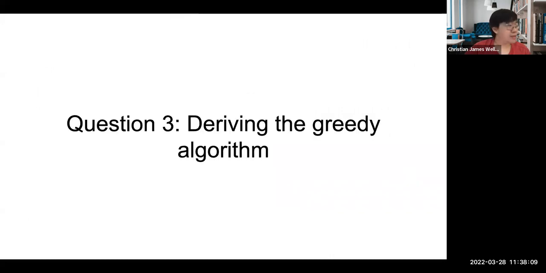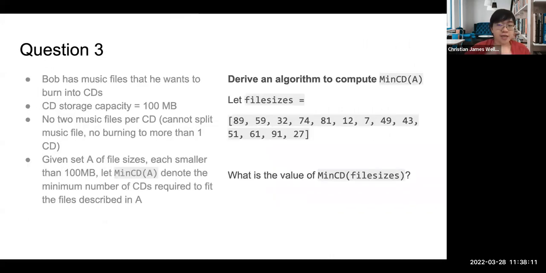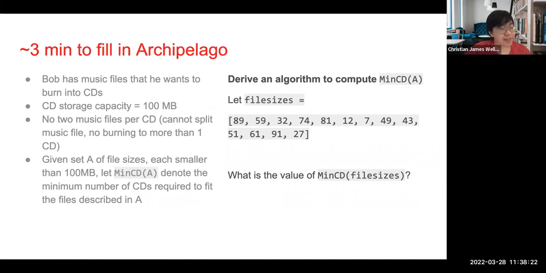Okay, so question 3. Derive an algorithm to compute this. I think it's worth stopping here because constructing a greedy algorithm is a common thing you should do. So try to derive this. Fill in the answer, and we have time for today, I believe.